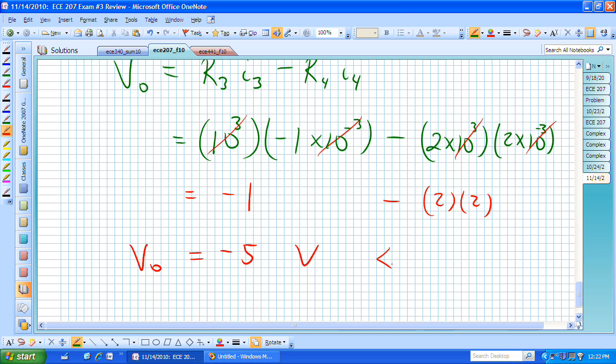And this is actually less, well, in magnitude, that's bigger than minus 15, and it's less than plus 15, and because of that we are in the linear operating range, and this is now our answer that we can be comfortable with and claim that that's the right answer.